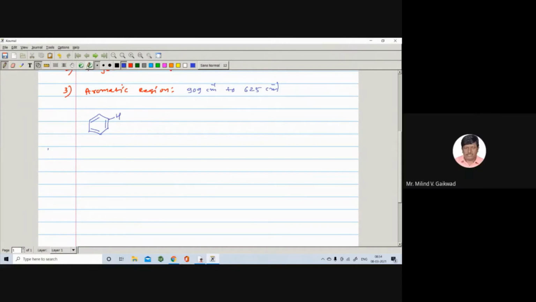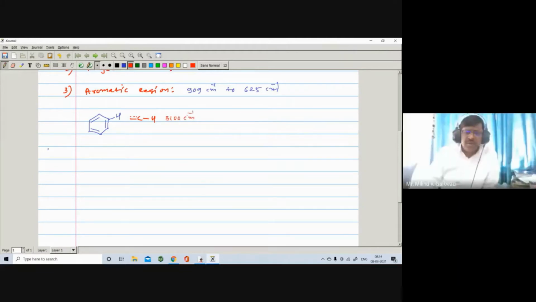The C-H stretching of this benzene will appear near about 3100, or 3200, or maybe 3300 cm⁻¹. So you can say above 3000.